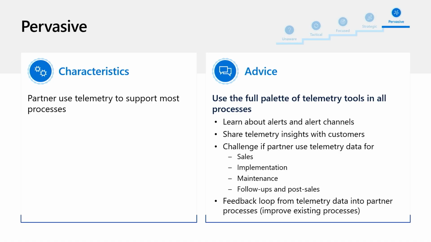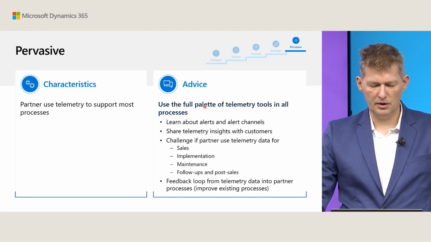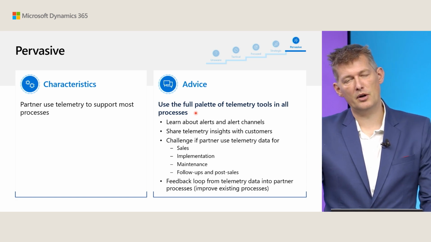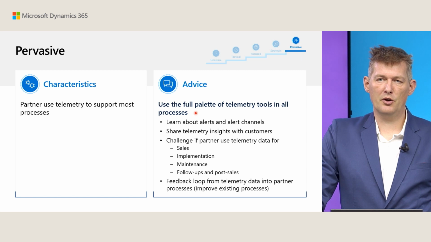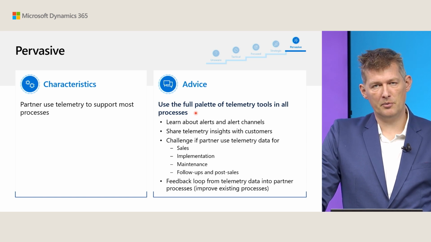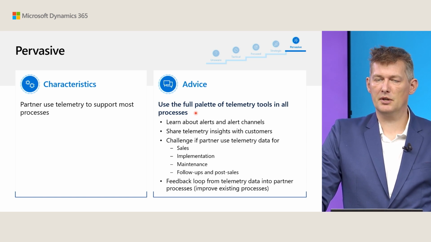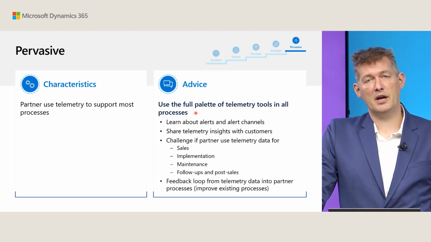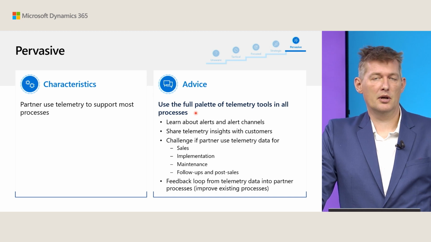So the last stage is what is called pervasive. This is where you are now using the full palette of tools for telemetry, not only the low-hanging fruits, but everything from alerting, Power BI apps, maybe troubleshooting guides, maybe even sharing with your customer.